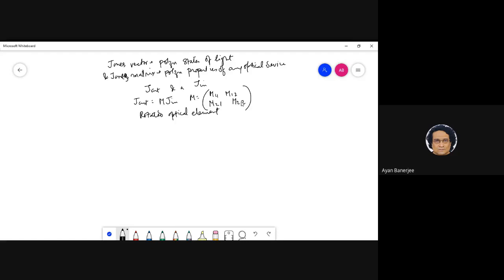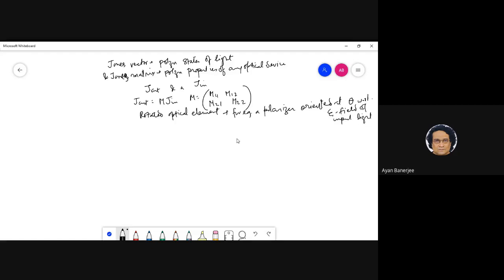But what happens if I have a polarizer at an arbitrary angle theta? For example, a polarizer oriented at theta with respect to the electric field of the input light.